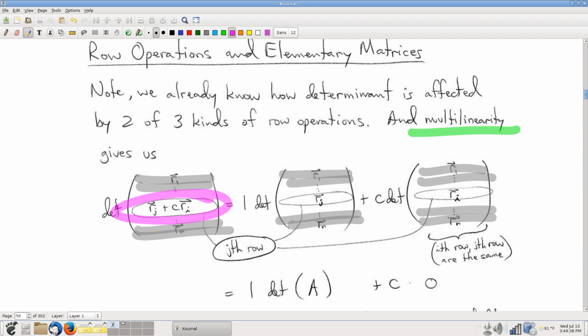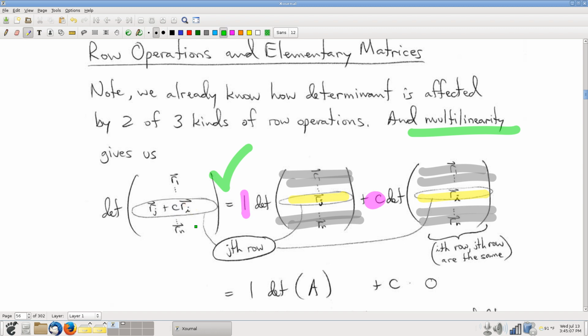That linear combination, you'll notice, has 1 times the vector rj, and then c times the vector ri. So multilinearity tells us that we have this relationship between these 3 determinants.